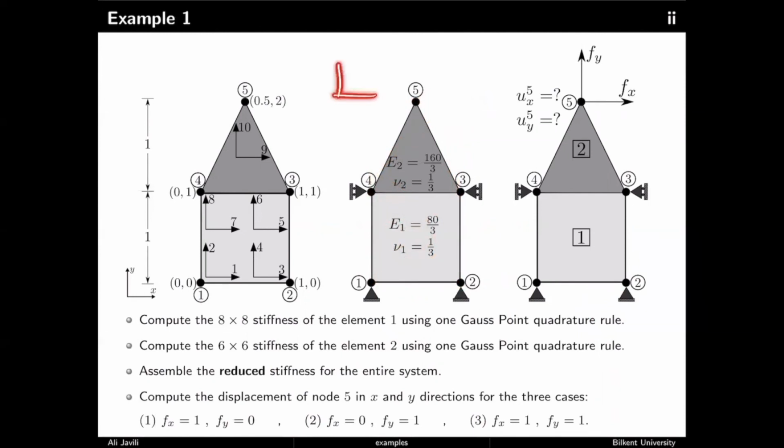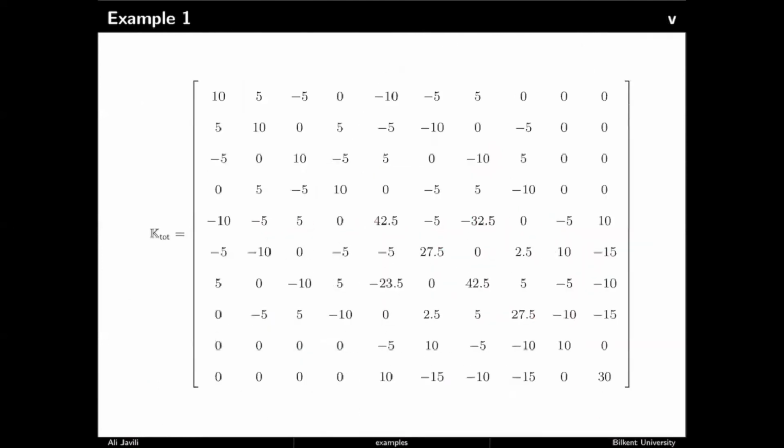Remember the plus direction for x and y: x plus is towards the right and y plus is upwards. So u4 was plus, u3 was minus but the same value as u4, so you would get this. u5 was plus, so it was something like that, and then it gives you this triangle. The rest of the nodes are easy because they are fixed, and nodes 3 and 4 do not move in the x direction. So this makes perfect sense.